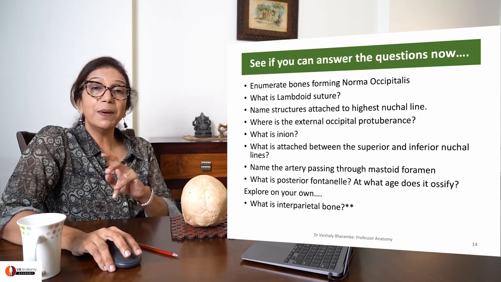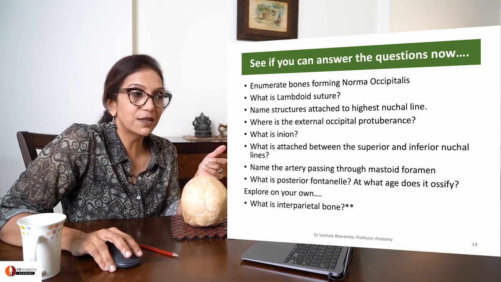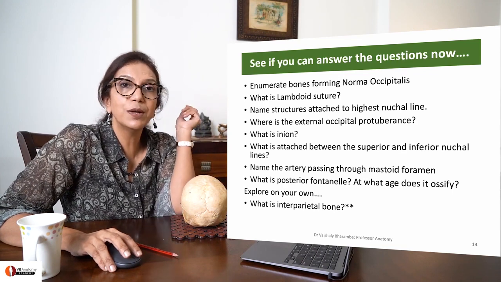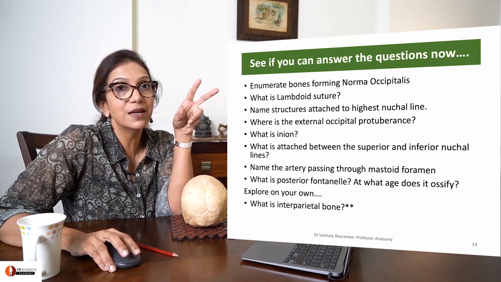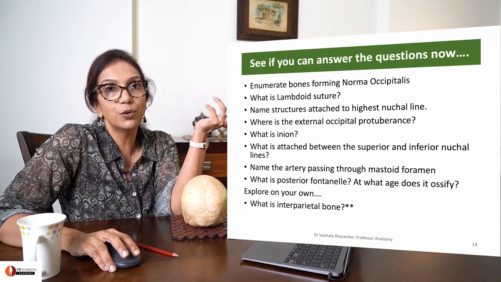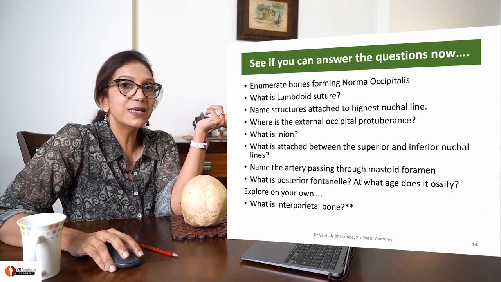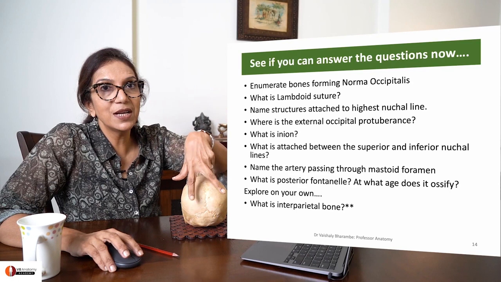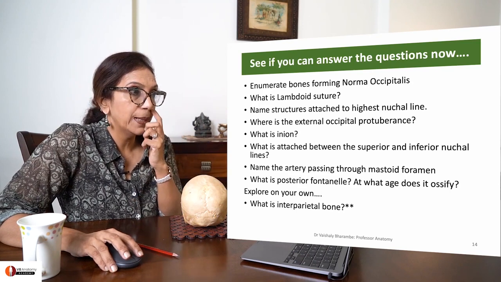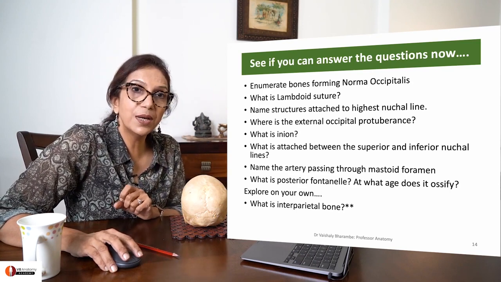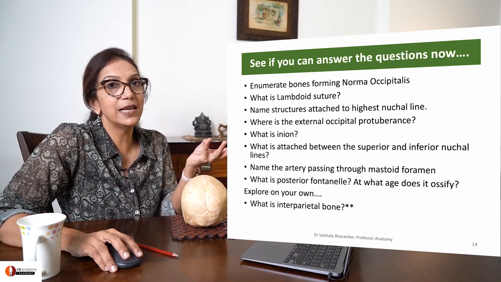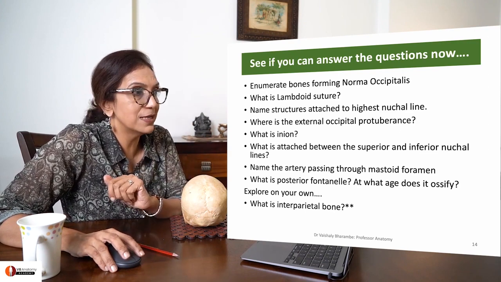So let's go back to the same set of questions we started with. Enumerate bones forming Norma Occipitalis. Now it's easy: 2 parietal, 1 occipital and 2 mastoid. What is lambdoid suture? The inverted Y-shaped suture that you saw. Name structures attached to the highest nuchal line. We just revised it: galea aponeurotica, occipitofrontalis muscle.